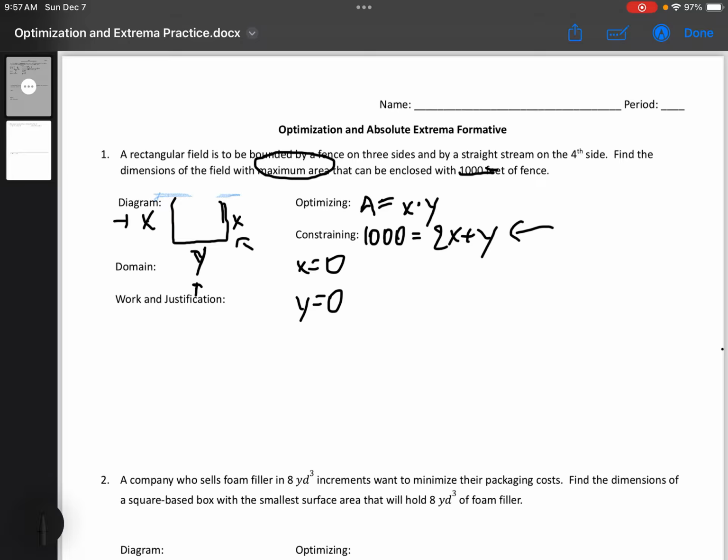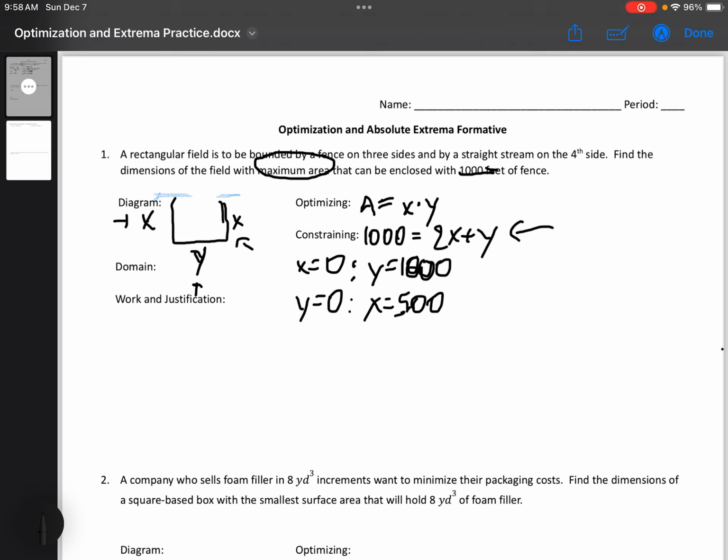If x is equal to 0 and we plug that into our constraining equation, we get that 1,000 is equal to y. So y is equal to 1,000. And if y is 0, then we get 2x is equal to 1,000, so x is equal to 500.